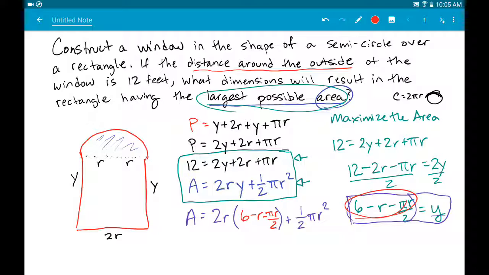It looks pretty nasty, but if you clean it up a little bit, distributing this in, you get 12r minus 2r squared minus 2 pi r squared over 2 plus 1/2 pi r squared.